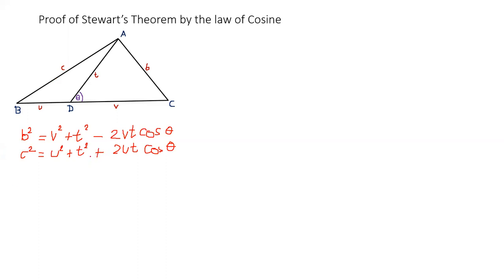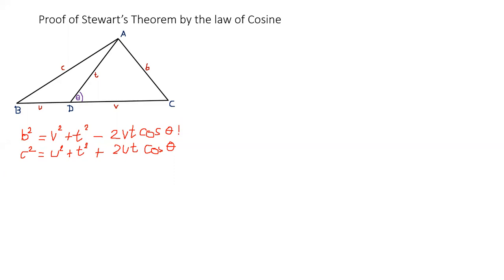So according to the cosine rule, B squared equals phi squared plus T squared minus 2 phi T cos theta, while C squared equals U squared plus T squared plus 2 U T cos theta. Now we are going to eliminate 2 phi T cos theta and 2 U T cos theta.